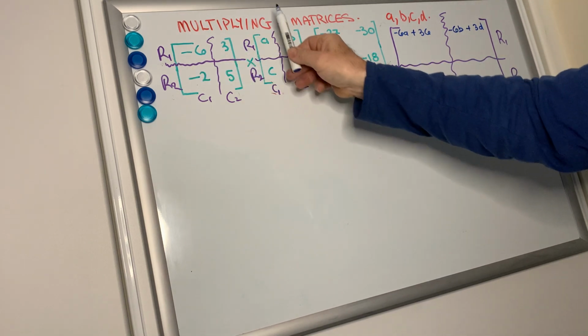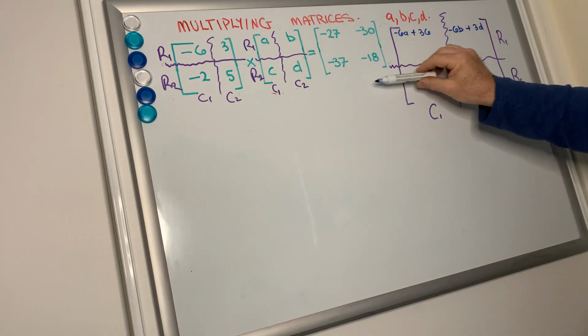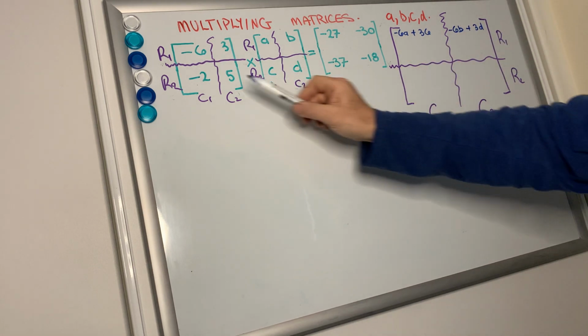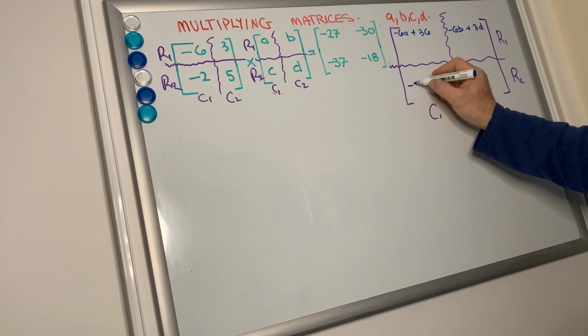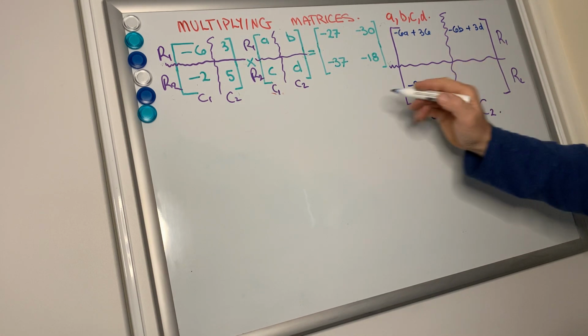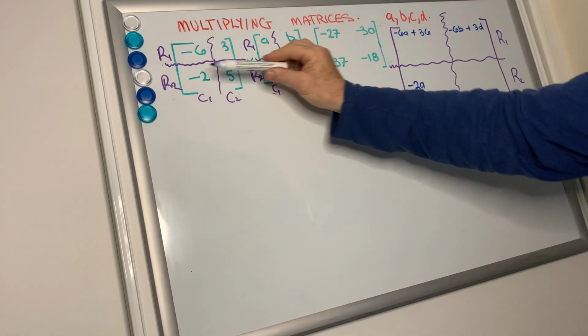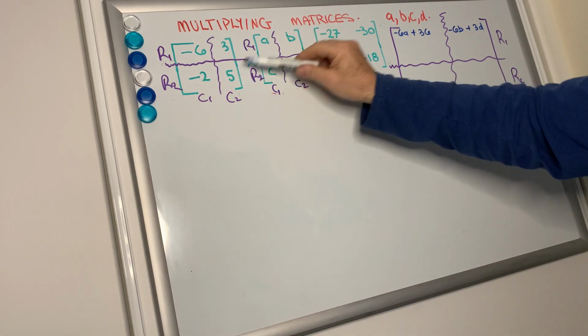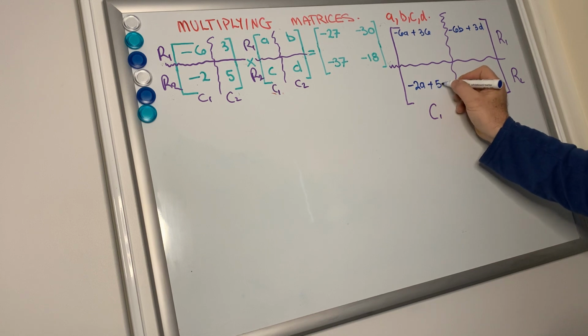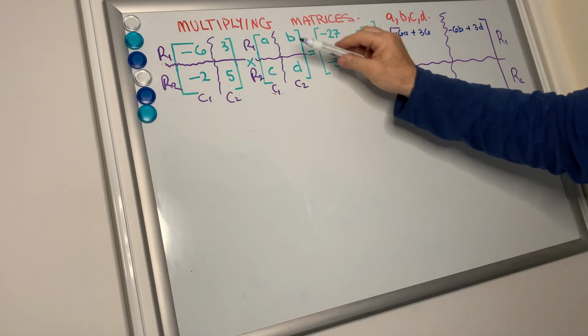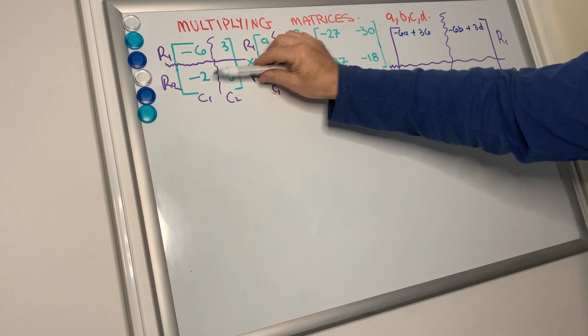So that's row 2 and then column 1. So there's row 2 and there's column 1. So we've got this one here, minus 2 times A is minus 2A. And then 5 times C, plus 5C. Okay. Then the last one, row 2, column 2.